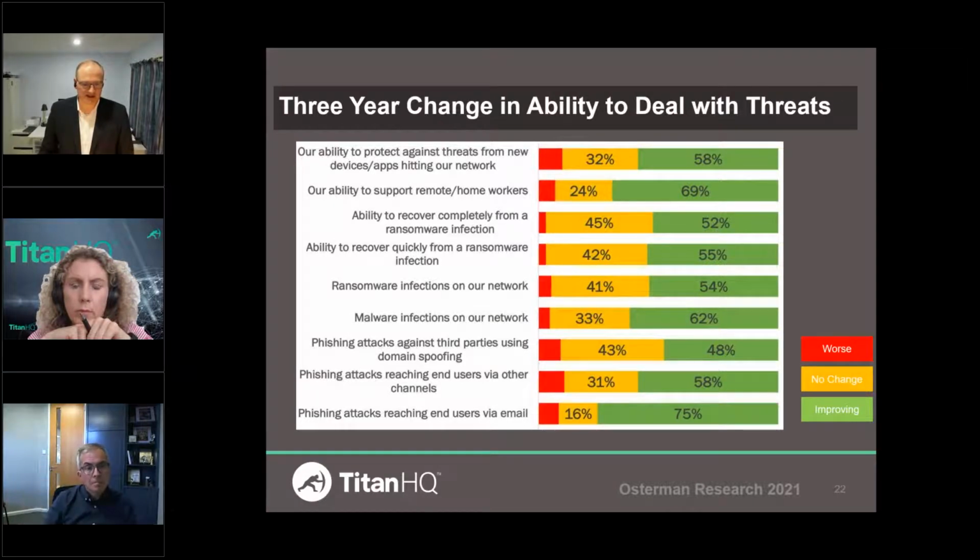Phishing attacks against third parties using domain spoofing, 52% said we have no change or it's got worse in the last 3 years. And again, as those types of attacks are increasingly used, standing still is not a good approach.